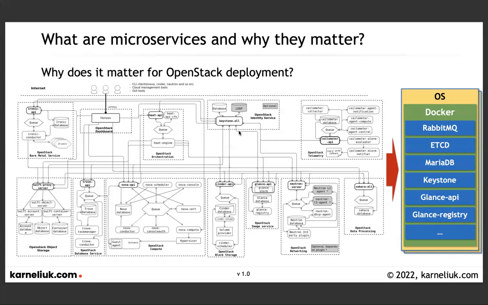That's why the same approach of containerization fits quite logically into the deployment of OpenStack services, where we could deploy the core non-OpenStack services such as RabbitMQ, etcd, or MariaDB as containers. We could deploy them as redundant containers on multiple separate hosts and build a Galera cluster and other things, as well as the OpenStack core services themselves, such as Keystone, Keystone API, Glance API, registry, and so on.